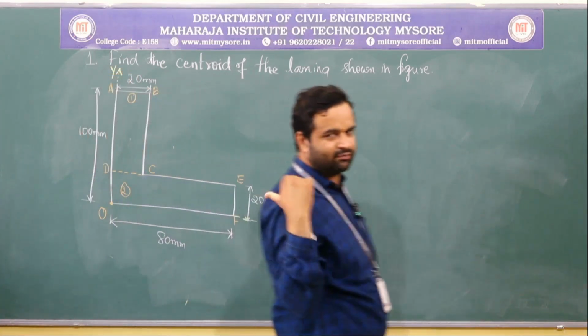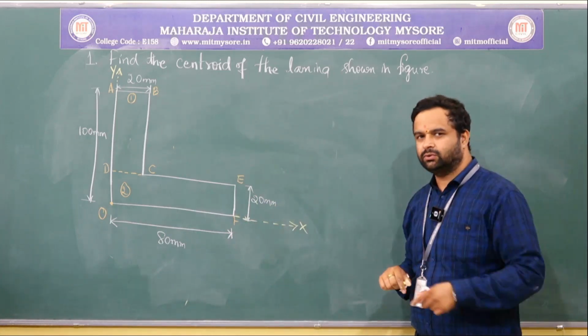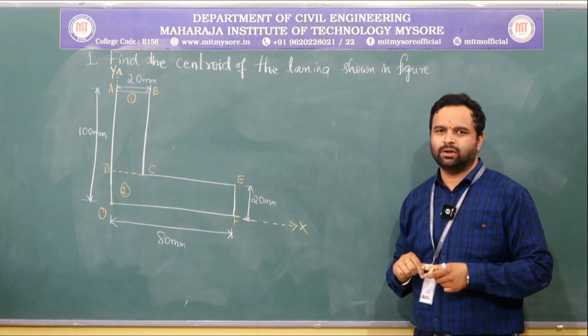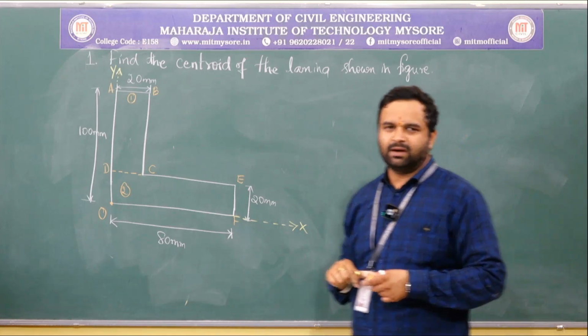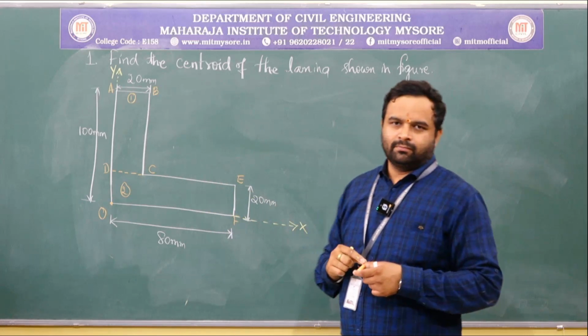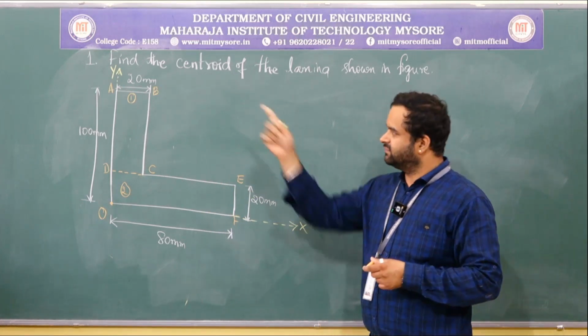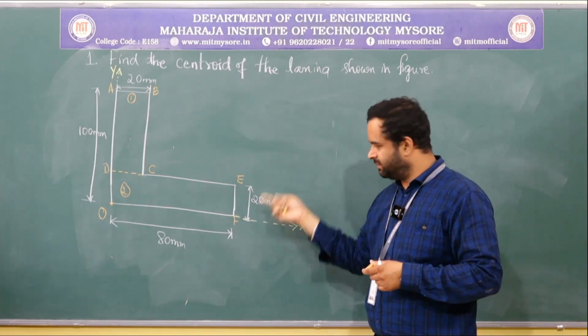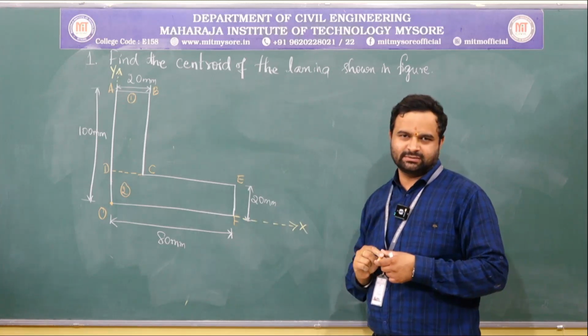This will be OY and that will be OX. You need to determine the centroidal values, that is X bar and Y bar, with respect to these axes. X bar should be measured from OY axis, Y bar should be measured from OX axis.